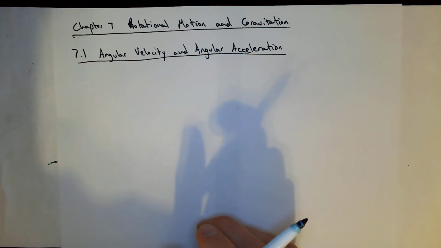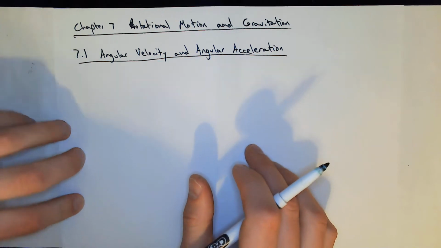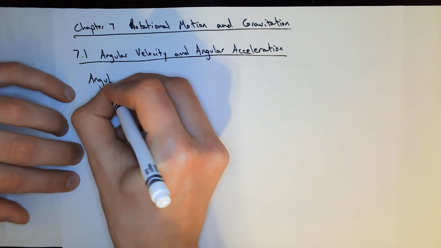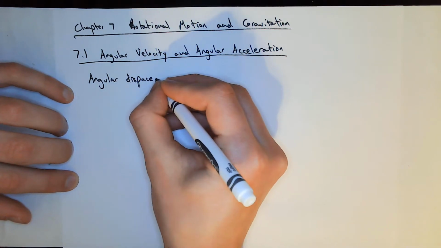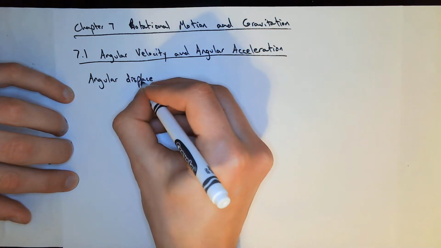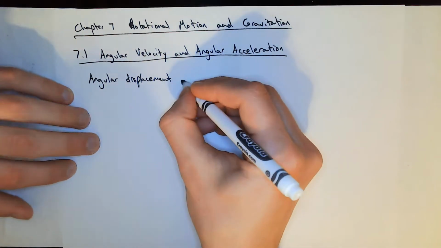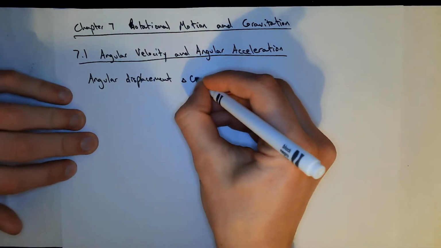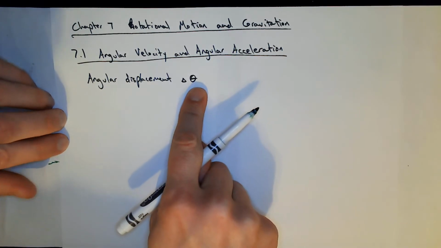Anyways, so let me give these things some names. We want to talk about angular displacement, which we're going to call delta theta. So there's that delta symbol coming up everywhere, right? Delta theta, a change in angle measure.